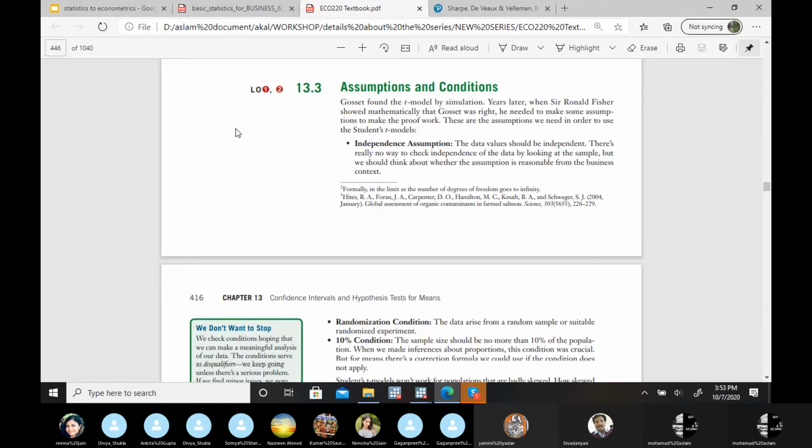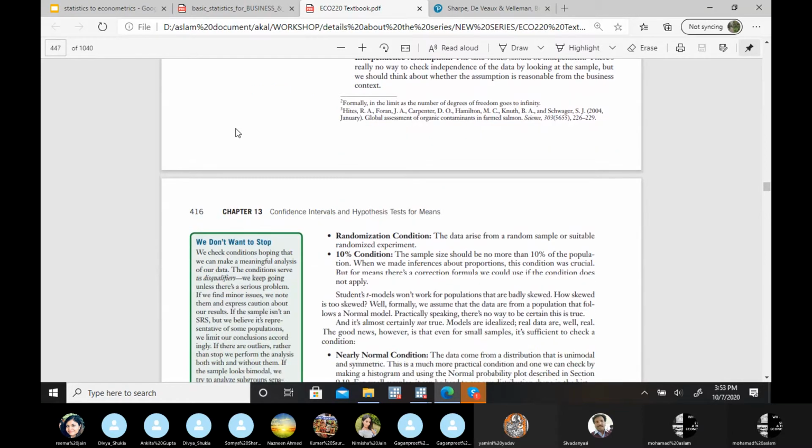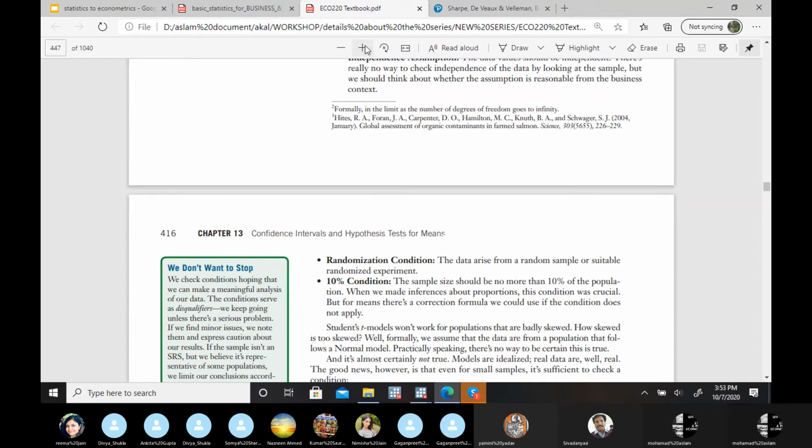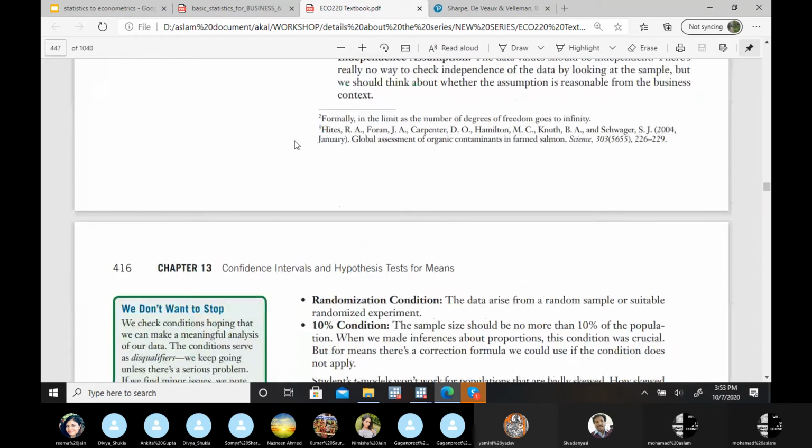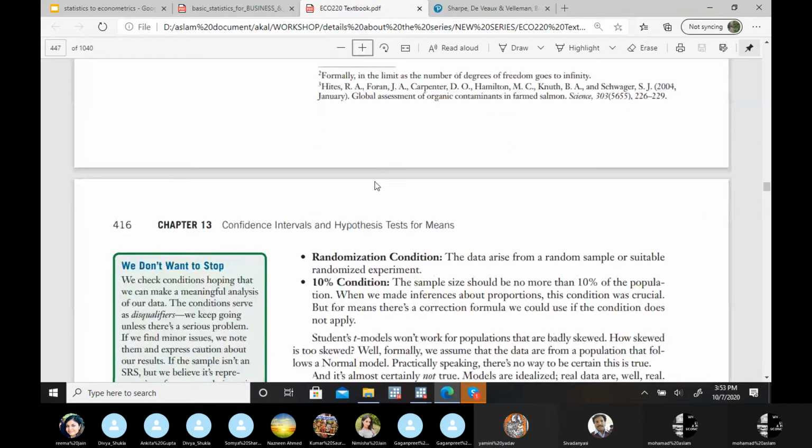First, the independence assumption: your data is independent. We can't check this because we only have one sample data set, so we don't know if it's dependent or independent. The second is randomization. The data arrives from a random sample or suitable randomized experiment. In this case, we assume that these outcomes are randomized, and our sampling process is random.